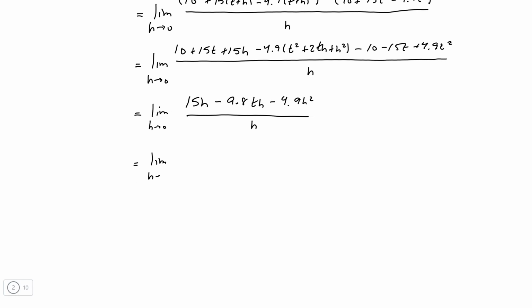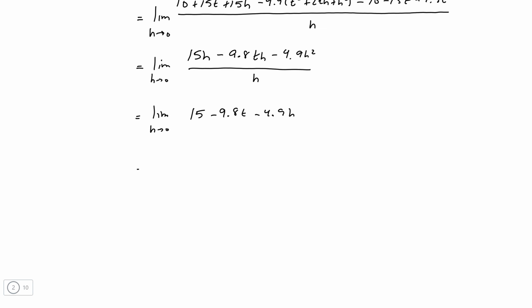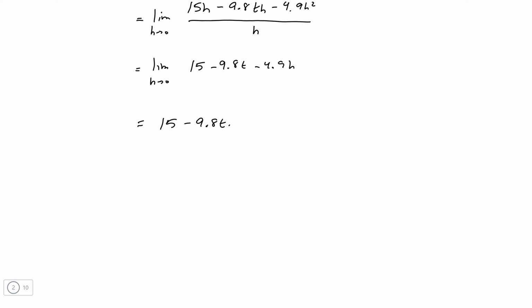If I divide the h through, I get 15 minus 9.8t minus 4.9h. Taking the limit, the h goes away, and this gives me 15 minus 9.8t. So my velocity function, to recap, is 15 minus 9.8t.